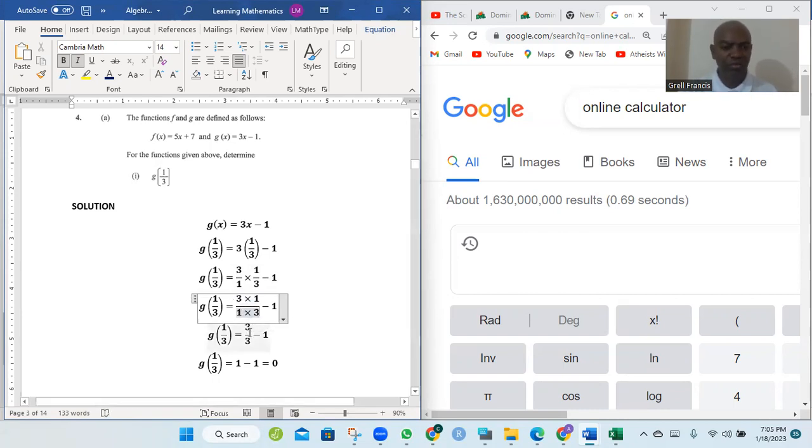So 3 times 1 is 3, and 1 times 3 is 3. So you're going to get 3 over 3, which is 1. 1 minus 1 is 0, because multiplication comes before subtraction. So 3 times a third is actually 2 fractions multiplying each other, because 3 can be made to look like a fraction by putting it over 1. Okay, so it's multiplication of fractions, and you multiply numerator to numerator, denominator to denominator.